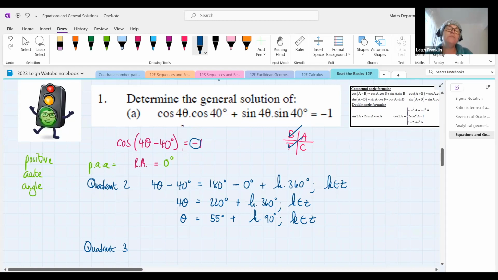What is my reduction formula for quadrant 3?